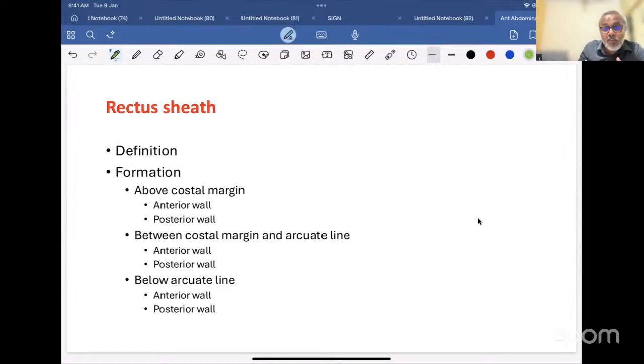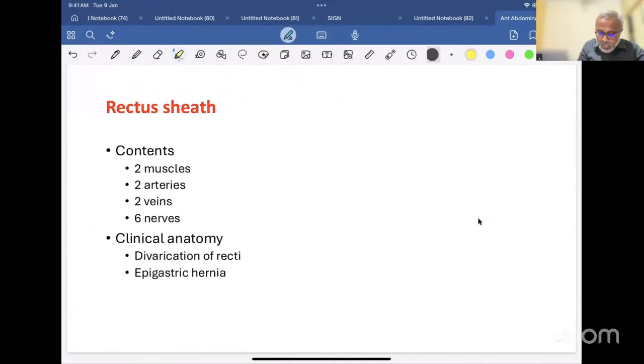This is how we phrase the answer. Define what it is, describe how it is formed, and when we discuss formation, above the costal margin, between the costal margin and the arcuate line, below the arcuate line. So 3 levels we need to mention. Diagram we will write. Then the contents, the clinical anatomy. As simple as that.